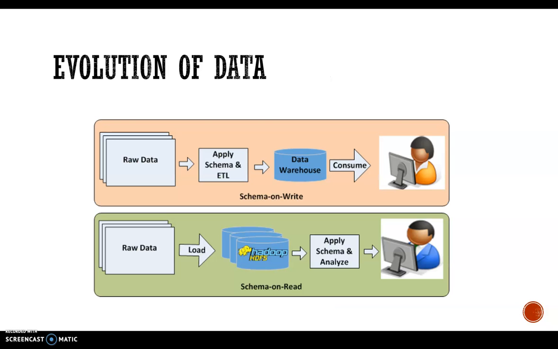In this process, using these tools has changed over time. Originally, everything was a schema on write methodology, right? So we had raw data and very commonly ETL, extract, transform, and load processes were applied, giving us a nice clean data set that was stored in a data warehouse or now a data lake. That data was set up so that people could consume it and do whatever they needed to do with it.